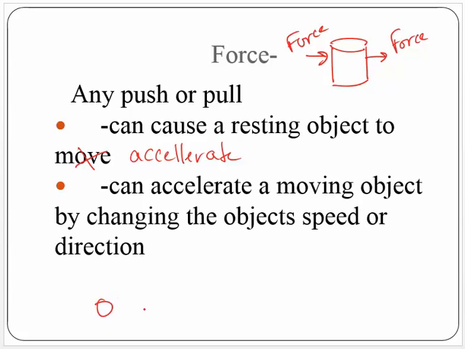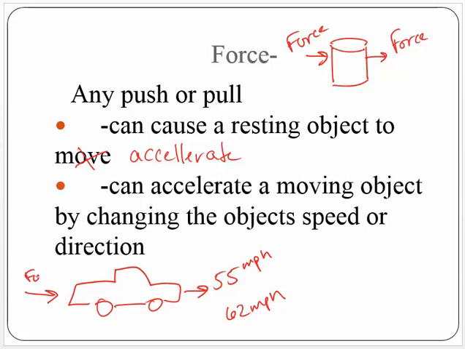So if you're driving down the road and you're going 55 miles per hour and you're now going 62 miles per hour, there had to be some type of force, whether it's a push or a pull, that caused that change in speed. If you turn the steering wheel, your tires are applying a force to the road, which allows you to change direction.